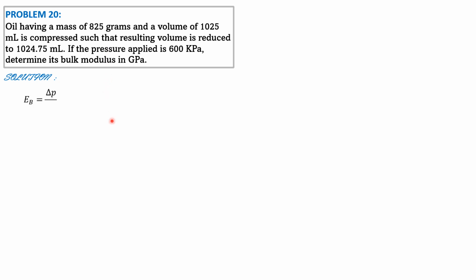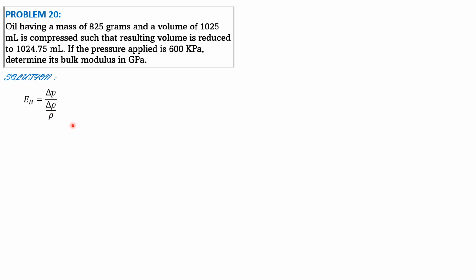So E sub B, delta P over delta density over density, it is positive because the change in density is a positive one. The density increases when the given mass of substance, such as oil here, is compressed.